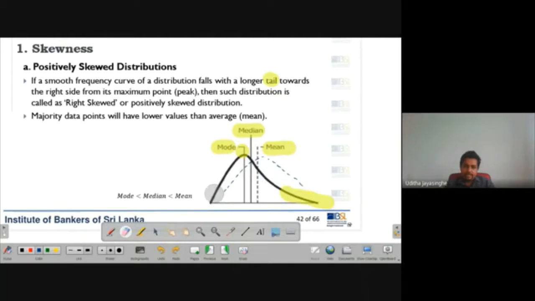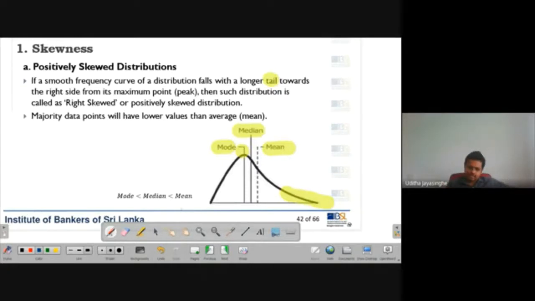You can see that the data set is being pushed towards one side. Or rather, you can see a longer tail in this particular data set. Is the tail on the right hand side equal to the tail on the left hand side? No, it's not the case right now. So once you see the tail of the data set having a longer or a shorter length compared to the other side, there the skewness is going to occur.